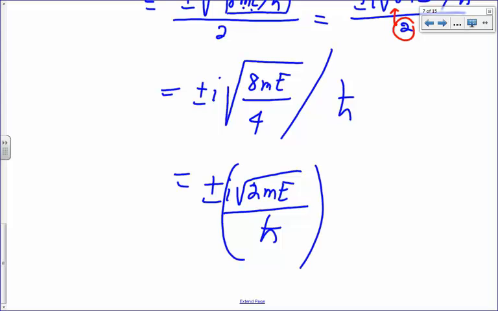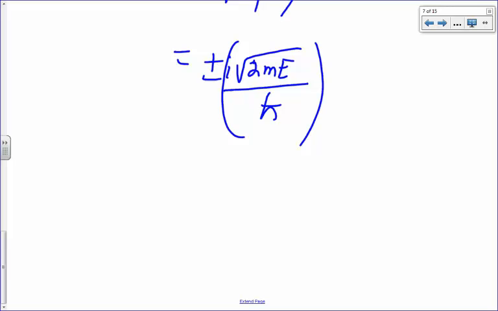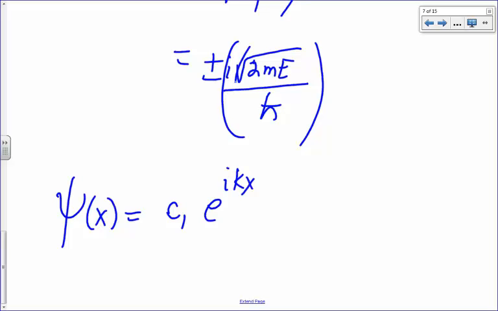So those are my two possible s values. Positive i square root of 2mE over h bar and negative i times square root of 2mE over h bar. So what is the general solution to the Schrodinger equation for a free particle? We say psi as a function of x is equal to some constant c1 e to the ikx, where k is this one, right?